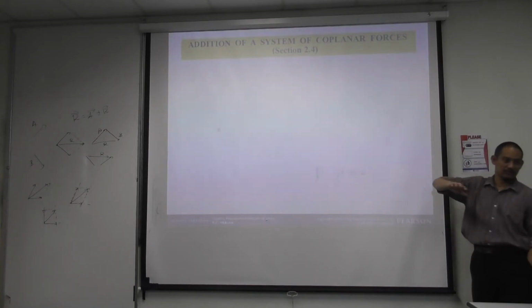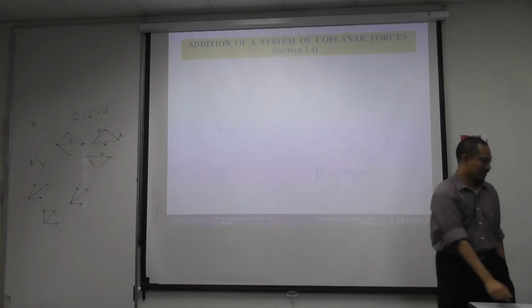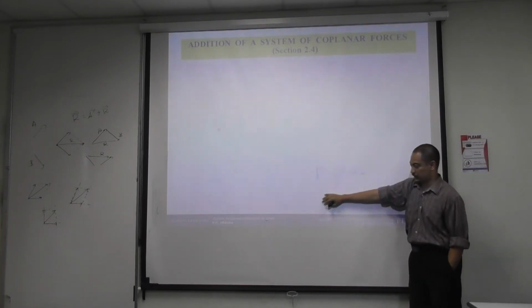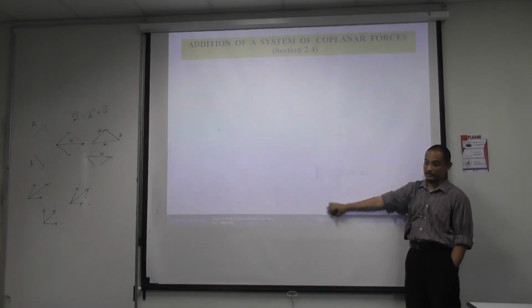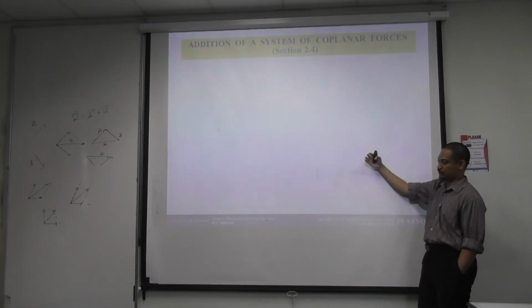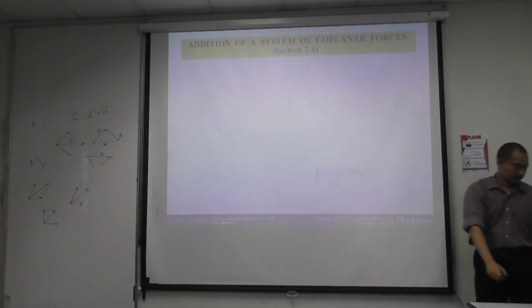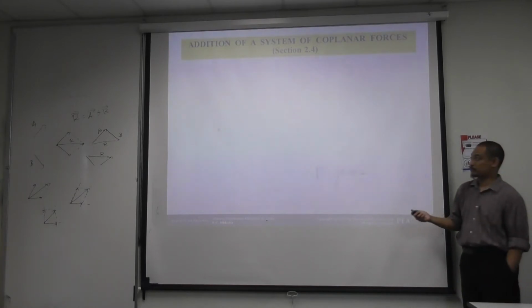You know what a plane is, right? For example, this is the plane. So if every force is on this same plane, it means it's 2D, two-dimensional. Because if it's 3D, something is out of the plane. So coplanar is basically two-dimensional.